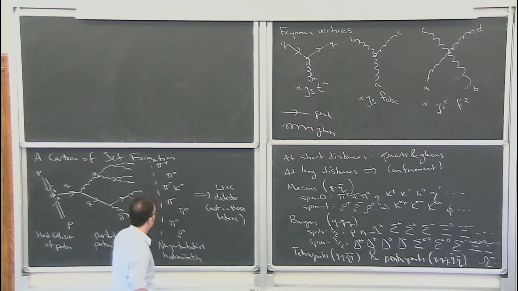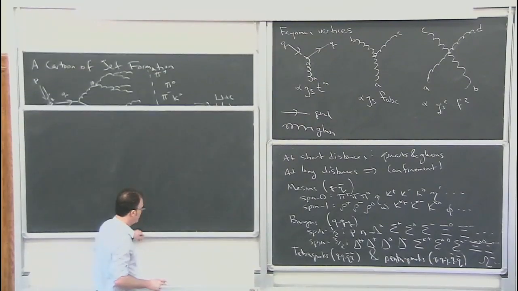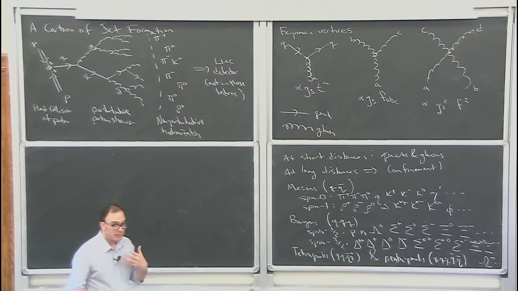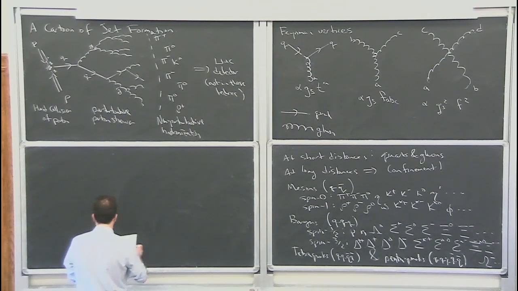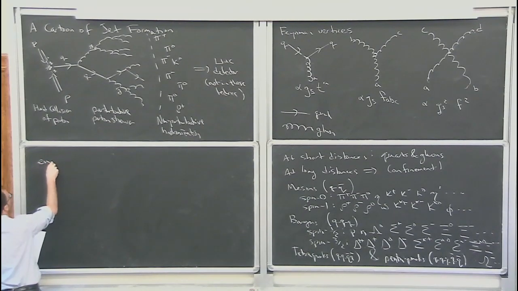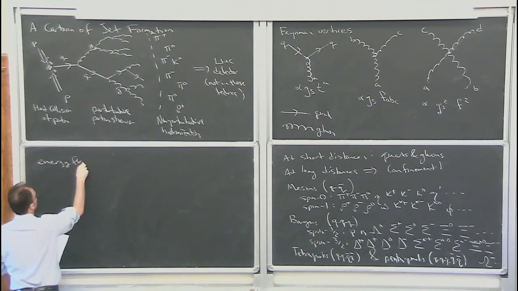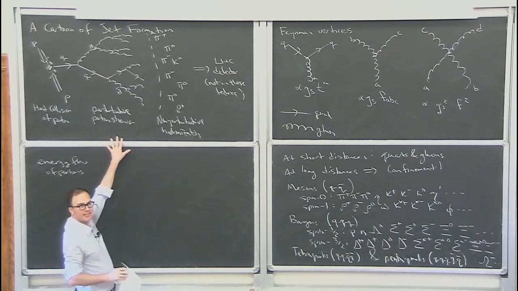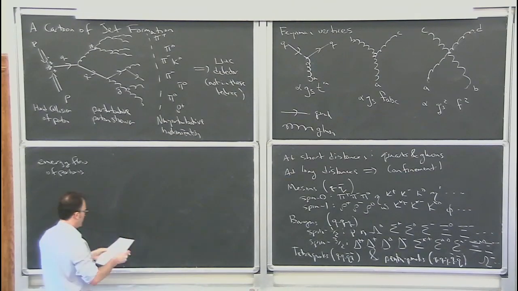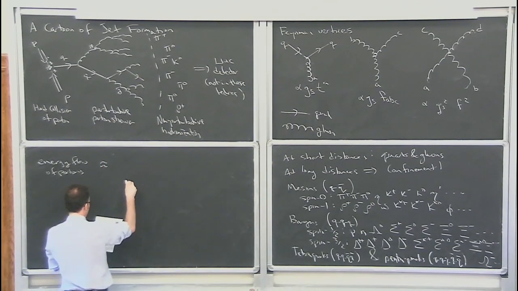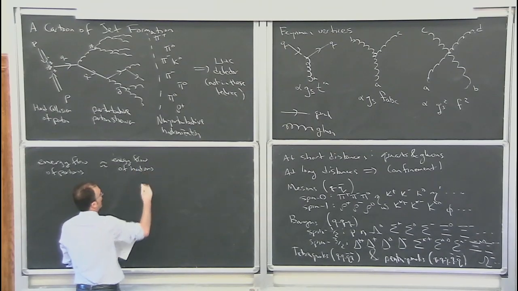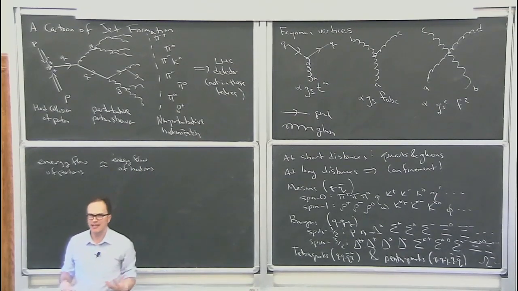Okay. So we're going to return to this picture later on, but the reason why we have any ability to have perturbative control at all over jet dynamics is because the energy flow of partons, that is, where these quarks and gluons are going from the parton shower, turns out to be roughly the same as the energy flow of hadrons, and the confinement step doesn't actually rearrange energy by that much.